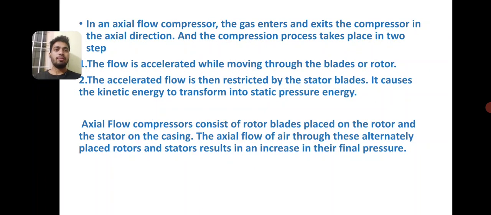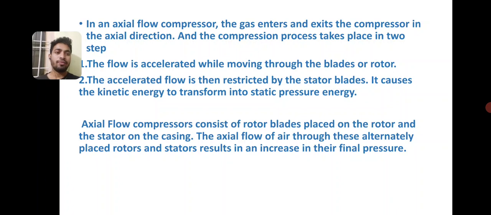In an axial flow compressor, the gas enters and exits the compressor in the axial direction, and the compression process takes place in two steps. The flow is accelerated while moving through the rotor blades. The accelerated flow is then restricted by the stator blades. It causes the kinetic energy to transform into static pressure energy. Axial flow compressors consist of rotor blades placed on the rotor and stator blades on the casing.